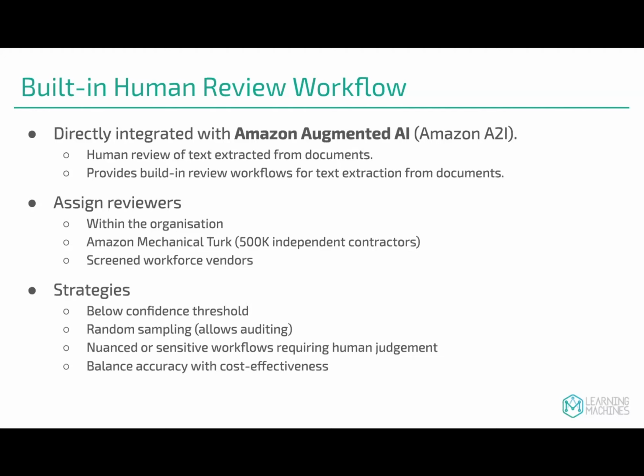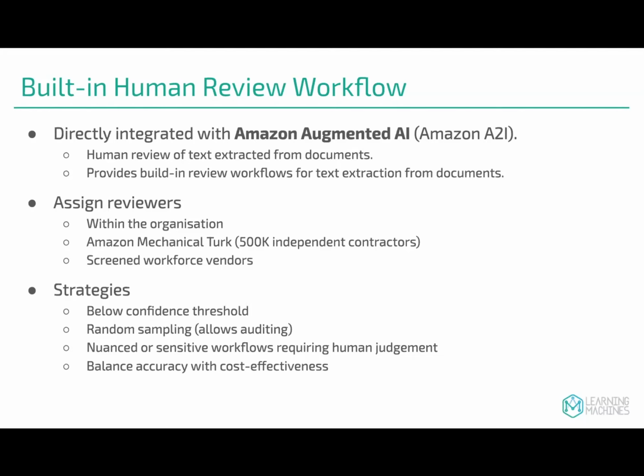There's a couple of strategies that you can apply. First of all, you can have any predicted text that's below a certain threshold reviewed. You might randomly sample, which will allow auditing. And then, of course, if there's specific types of workflows that you feel are quite nuanced or sensitive, you might also require humans to review those workflows for you.